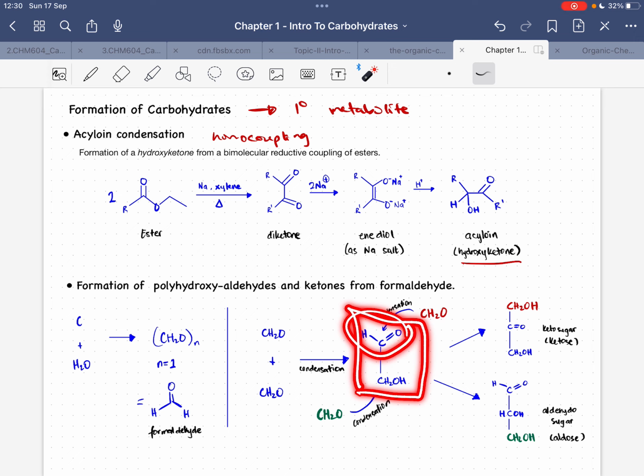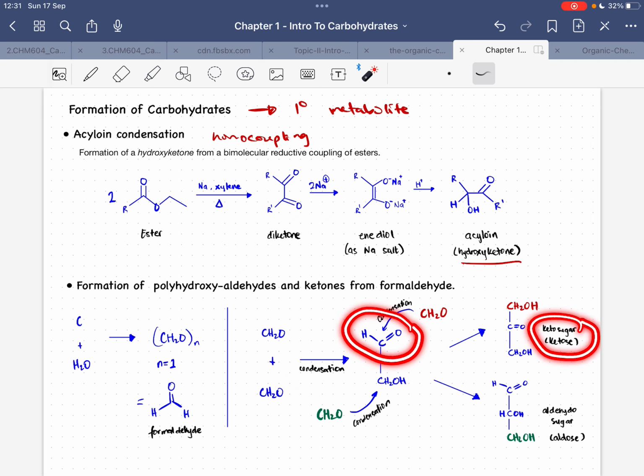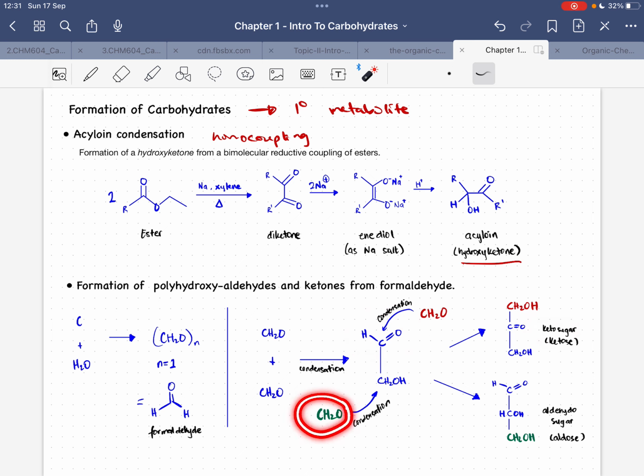It's just that aldehyde is the one functionality. Remember that the formaldehyde unit comes from carbon and water. If a formaldehyde unit condenses with the aldehyde functionality, it becomes a ketose sugar. If a formaldehyde condenses with an alcohol unit of the acyloin-type structure here, it becomes an aldose or an aldehydo sugar. So that is the mechanism of formation.